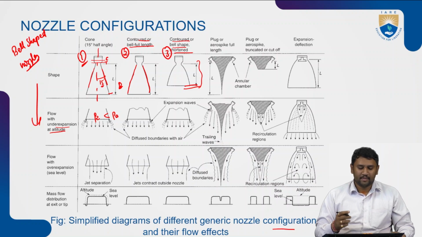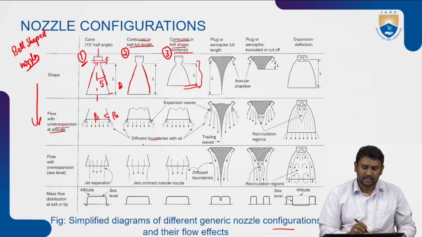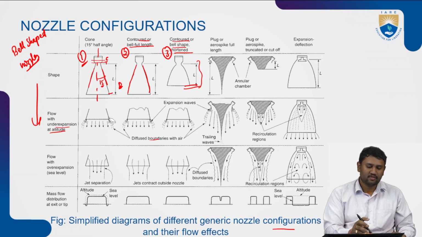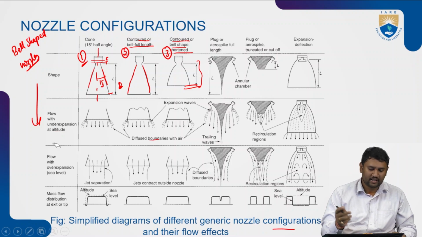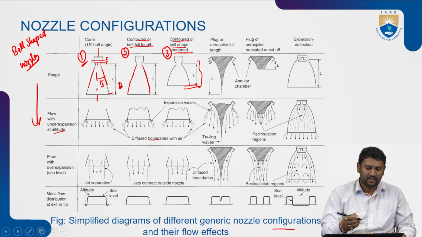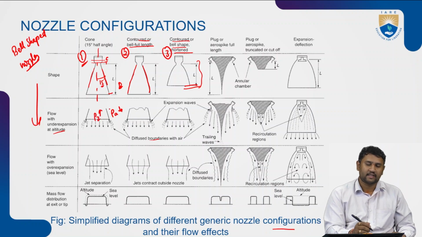At that time, what happens? The boundaries, right? The boundaries tend to push further out. For example, let me just say, at an altitude, what happens? The pressure of the atmosphere is less, the pressure of the gases increases.